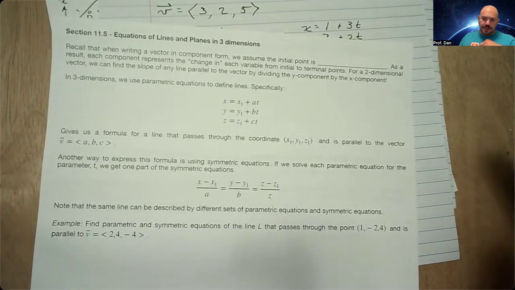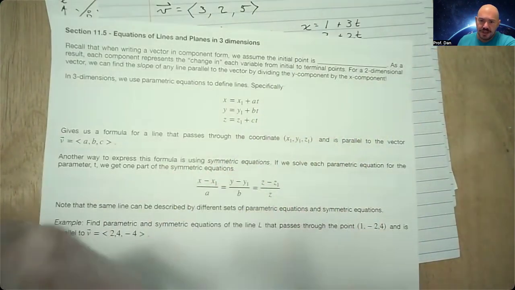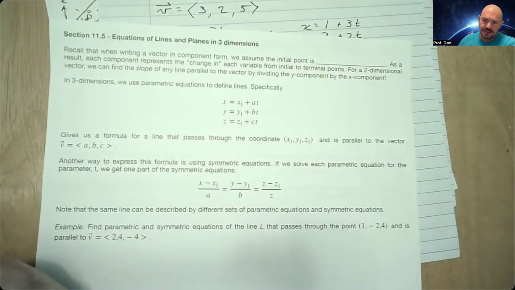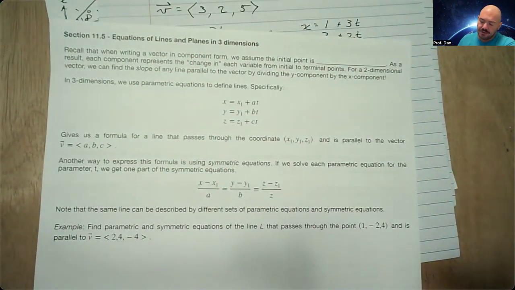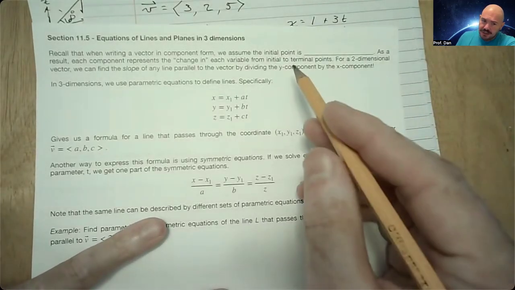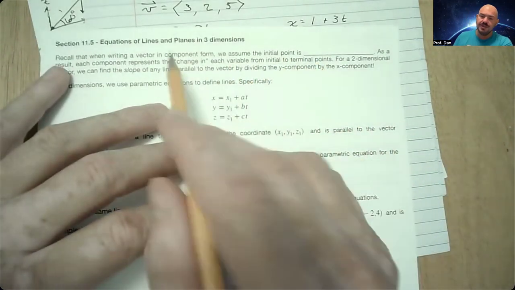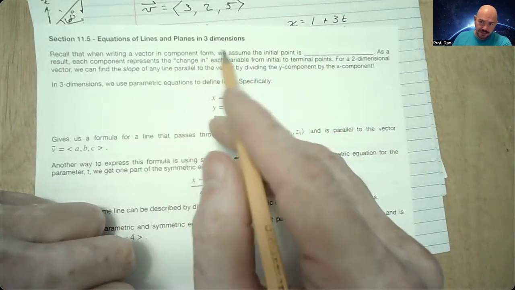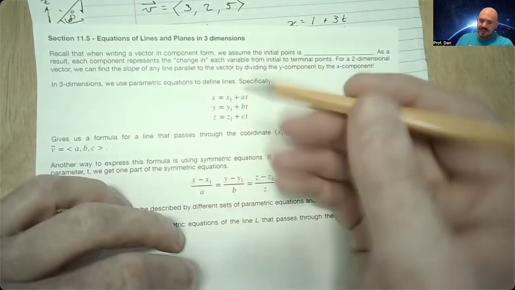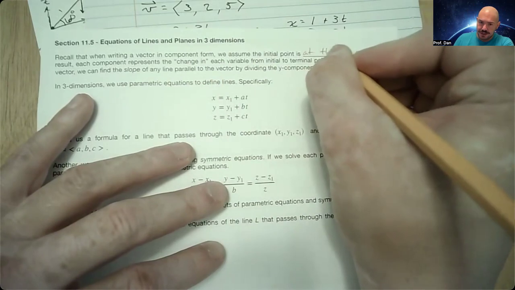To start off, we're going to be talking about how we write equations of lines and planes in three-dimensional space, starting off with lines. And going back to what we know about two-dimensional vectors. Remember, when we have a vector that's written in component form, we make an assumption that our initial point is at the origin.